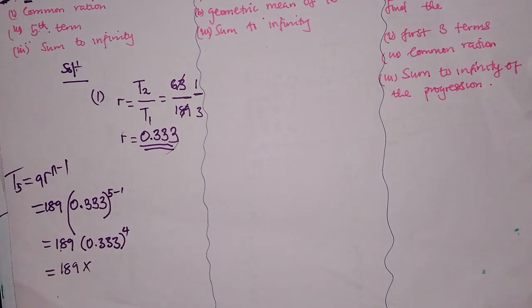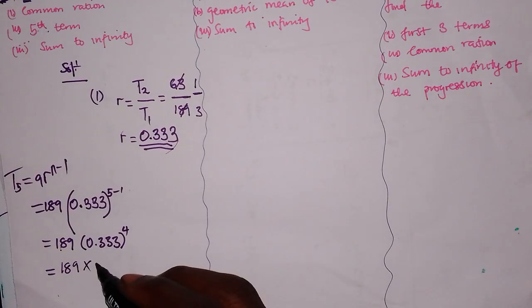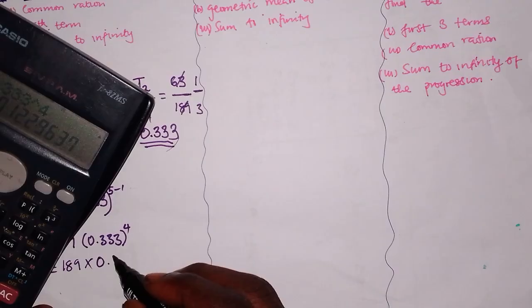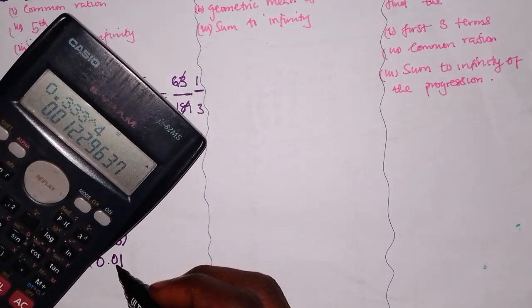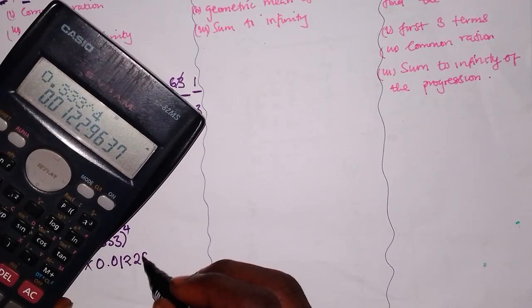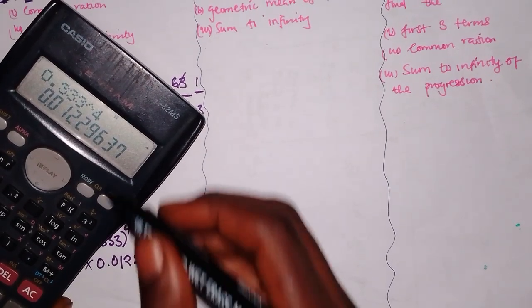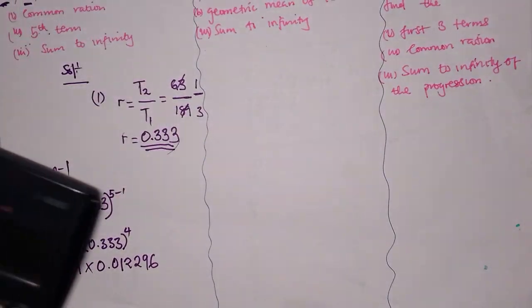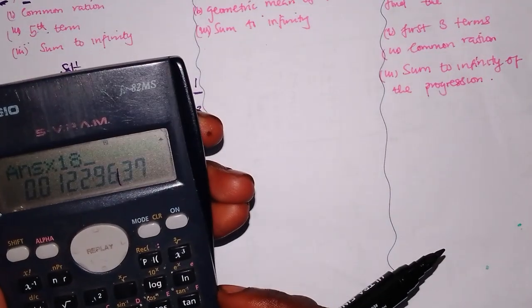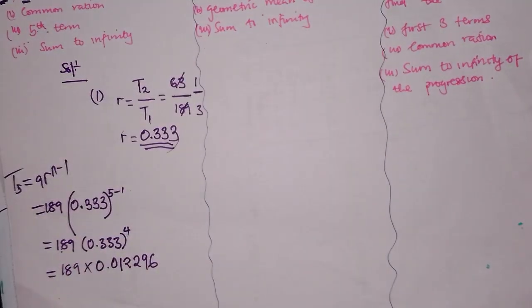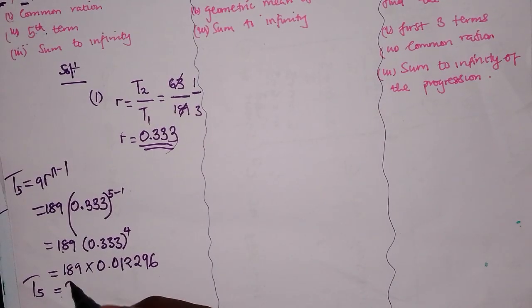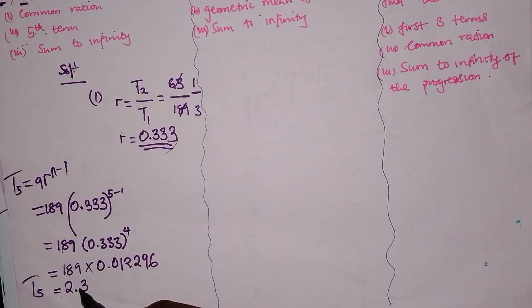We have 0.01296. Okay, you can end there. Then you multiply this number by 189 to get our answer. So our fifth term is 2.32.